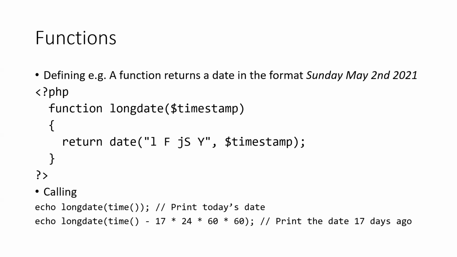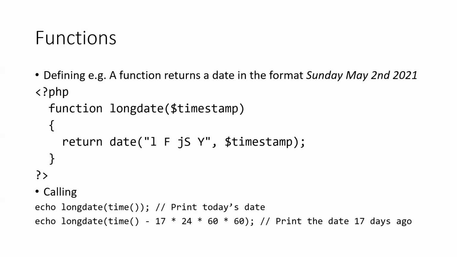For example, in this case, we return the date in the long form. So whenever you want to use time, let's say today's date, you can call the time function, and the time function will give you today's date.